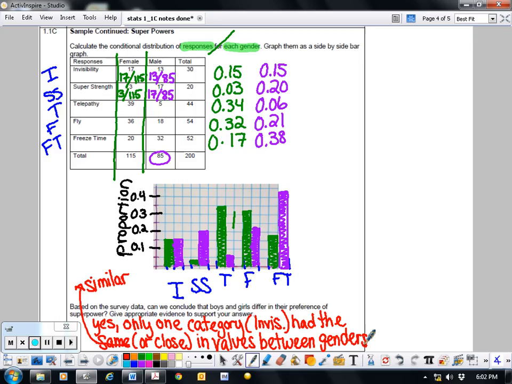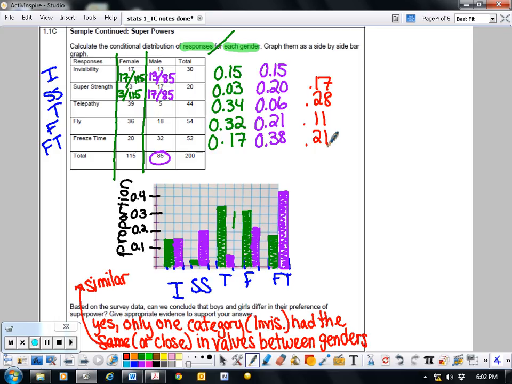And then you could even go into more detail, saying that all the others had at least a difference. We had a difference of 17, a difference of 28, a difference of 11, a difference of 21. So all of them had a difference of at least 10%, or a proportion of 0.1, which really shows that there is a big difference.